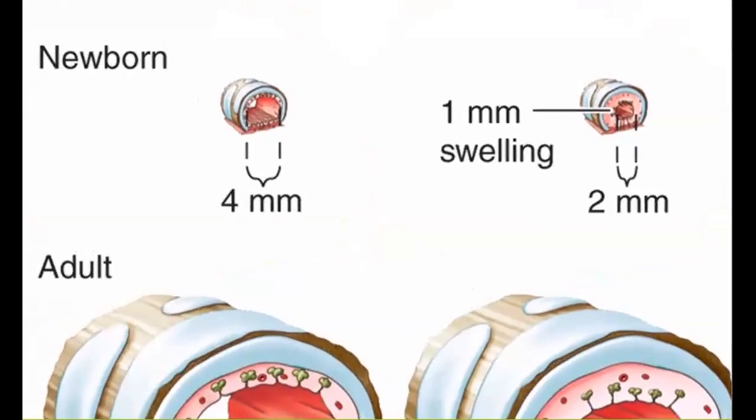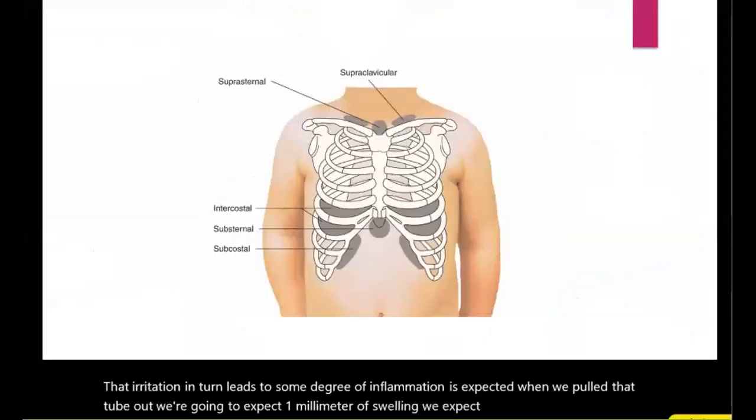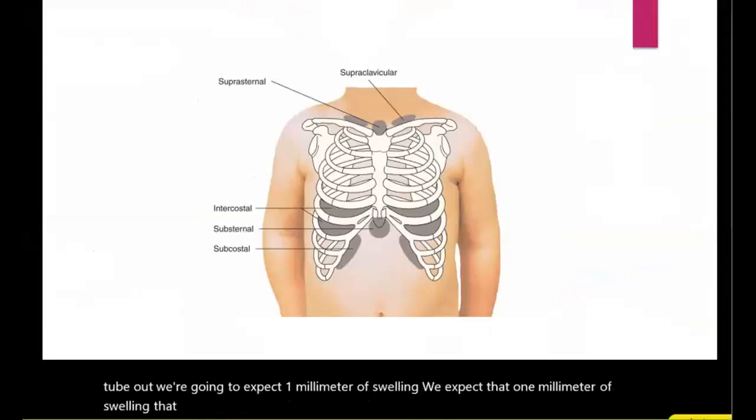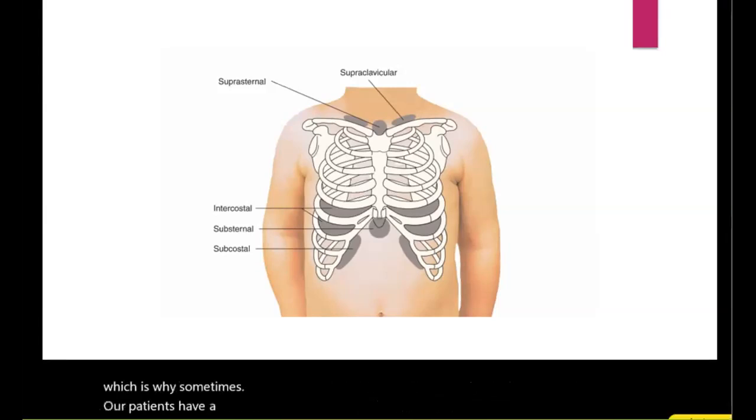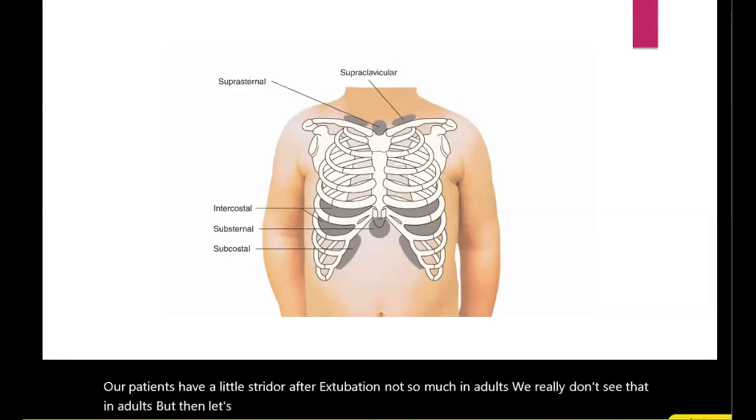We looked at this slide in the last lesson, but just to review, we have supraclavicular and suprasternal. Those are our two types of retractions that primarily represent airway obstruction, but not always. Primarily that's what you'll see with upper airway obstruction.